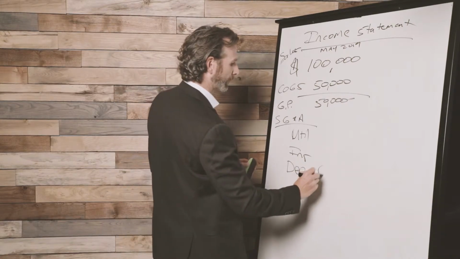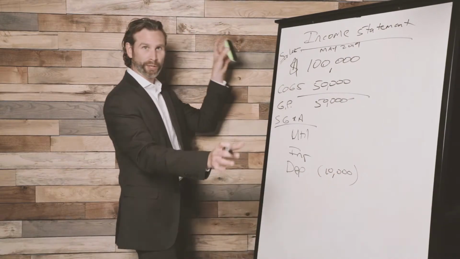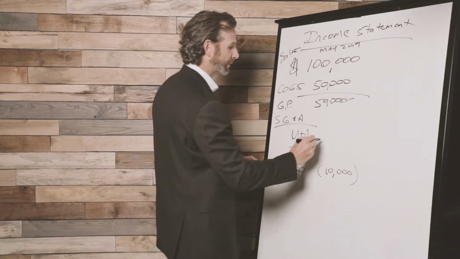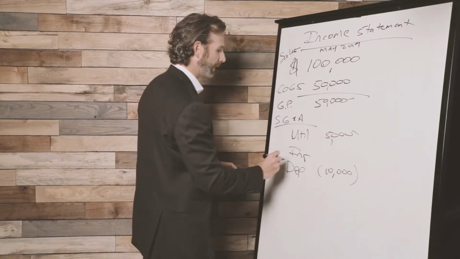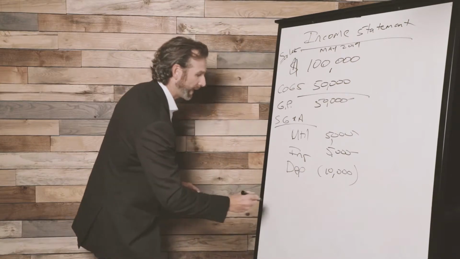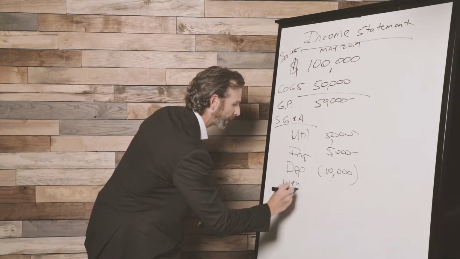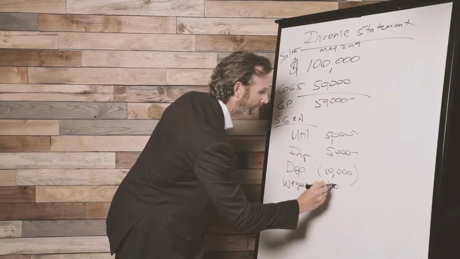So we've got a month's worth of depreciation now on the expense side over here. So those kind of offset each other. Let's say we have utility expense of $5,000 and insurance expense of $5,000. And then maybe we have wages down here because we have employees that we pay. For the month, that was another $10,000.